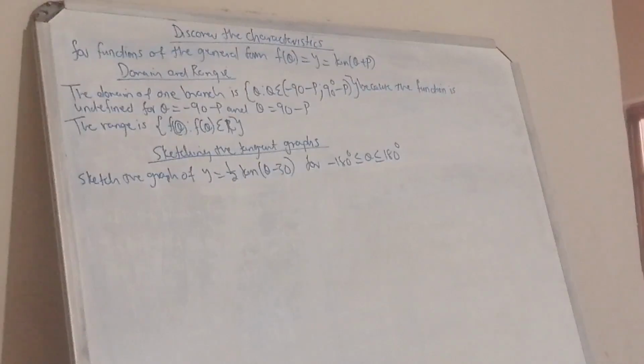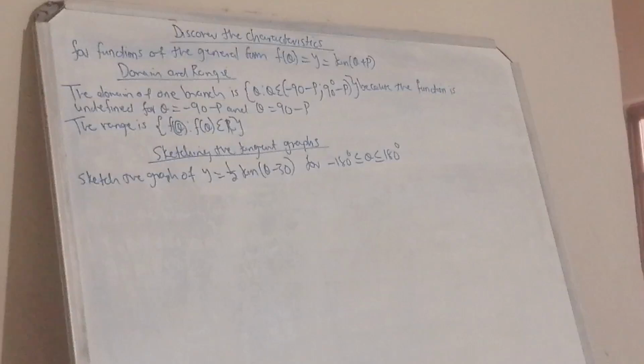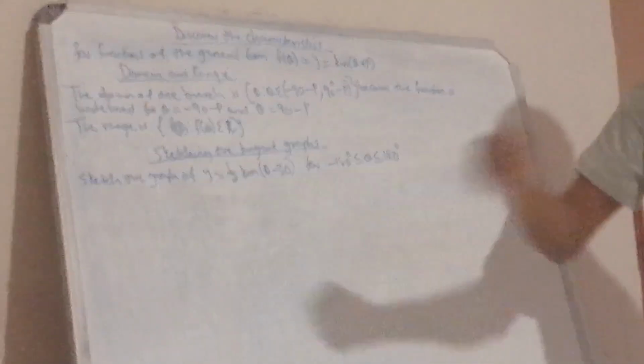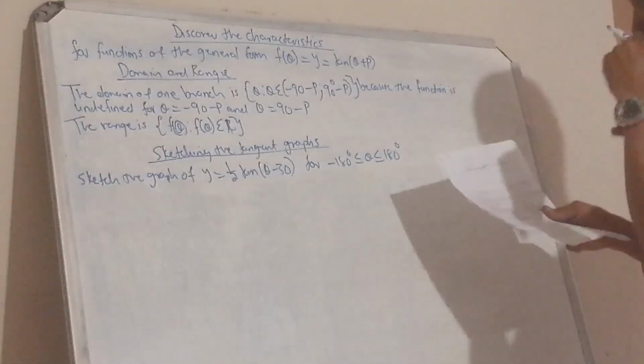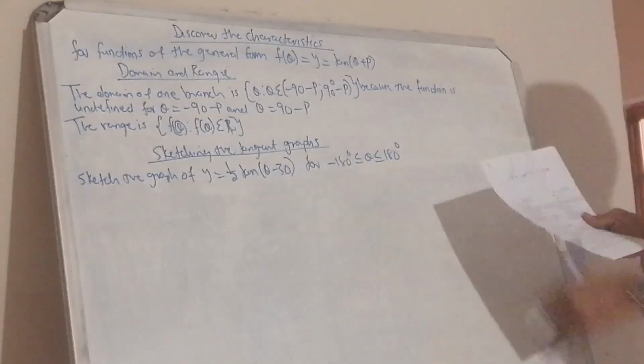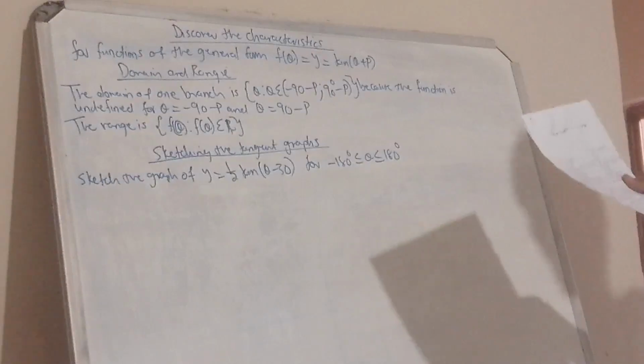We dealt with many scenarios, in fact the period, because K determines the period. So how do we sketch the graph of y equals 1/2 tan of theta minus 30 for minus 180 and 180 degrees?